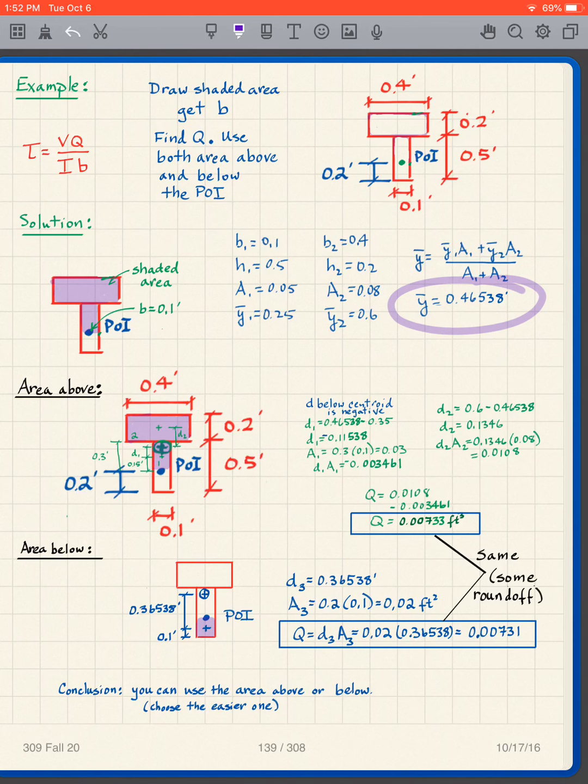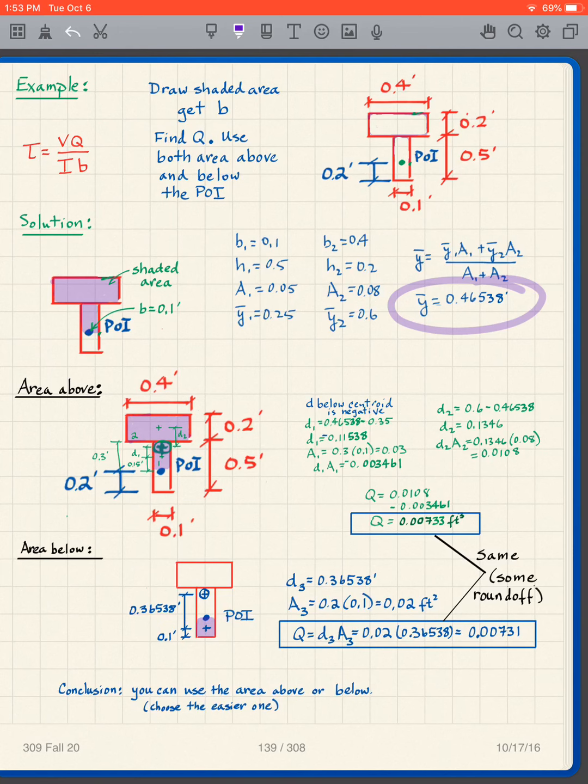So here's my point of interest. And then I shade the area above that point of interest. And that's that. Down here, there's my point of interest. I'm going to shade all of the area below the point of interest. See if I get the same result.